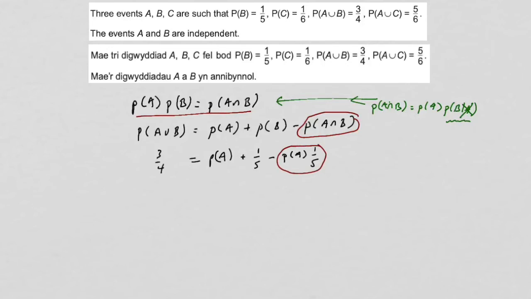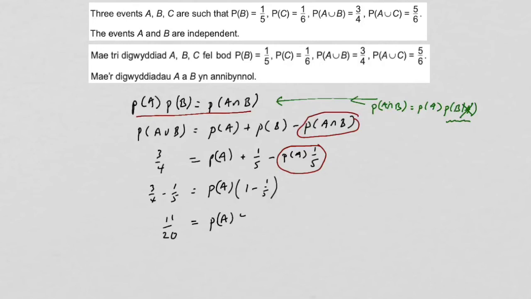Okay, so carrying on from there, we can see now that we only have P of A involved, so we can solve that. We need to take 1/5 from both sides, so we have 3/4 take away 1/5 is equal to P of A times 4/5. That gives 11/20, which you can do by calculation or using a calculator.